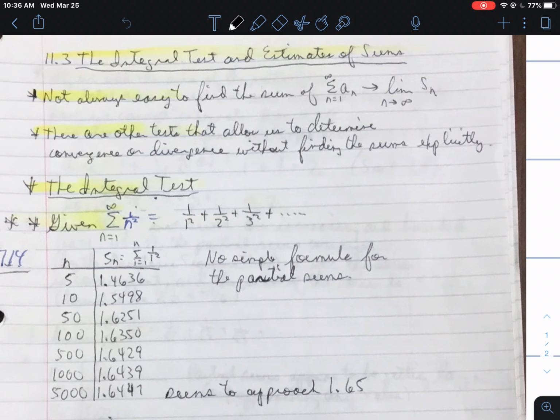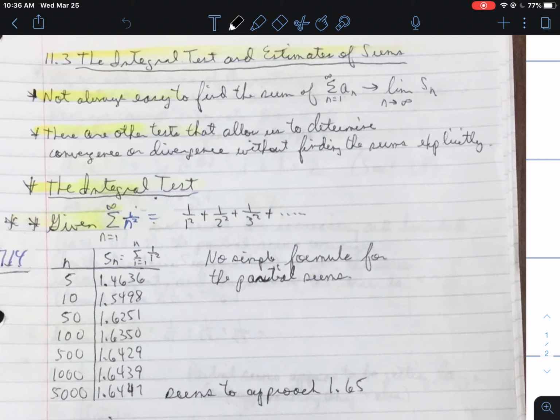Now also in that previous section, we did mention another test, the test for divergence, which said that if the series is convergent, the limit as n approaches infinity of the terms of that series, the limit as n approaches infinity of a sub n, has to equal 0 if the series is to be convergent.